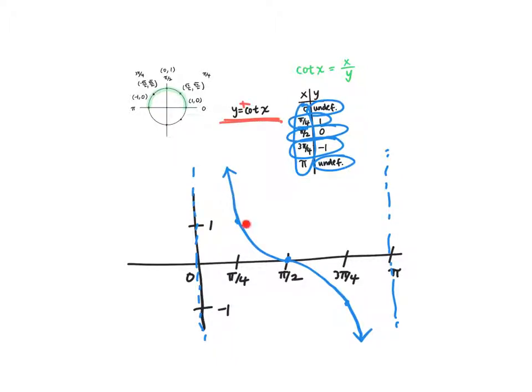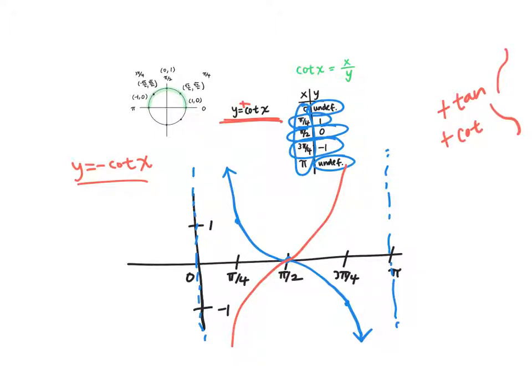From left to right, it is decreasing, which means a negative cotangent graph, right? Y equals negative cotangent graph would be an increasing graph, right? It would look something like so. So it's reverse of tangent graphs. Positive tangent is increasing, and then positive cotangent is decreasing.